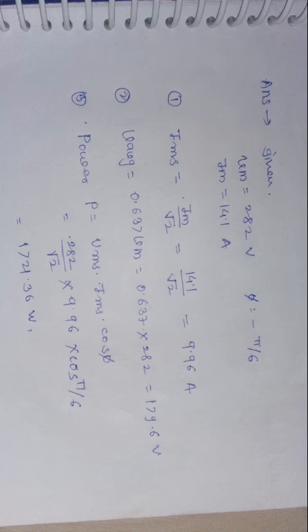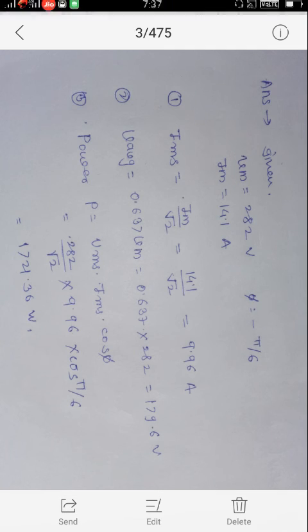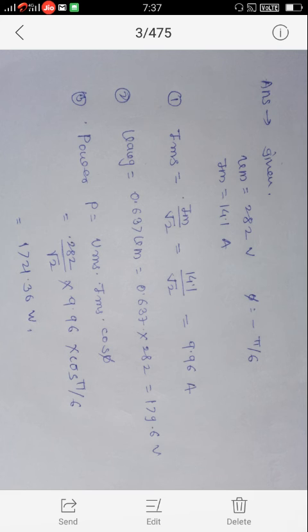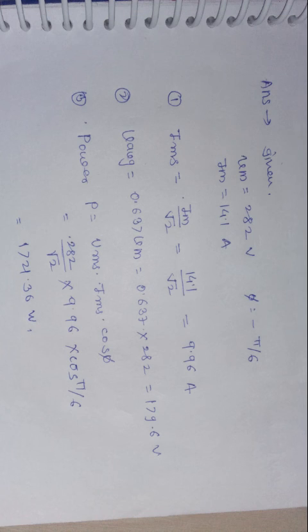Now we calculate V average. The formula for average value is V average is equal to 0.637 Vm, that is equal to 0.637 into 282 and the answer comes 179.6 volt.